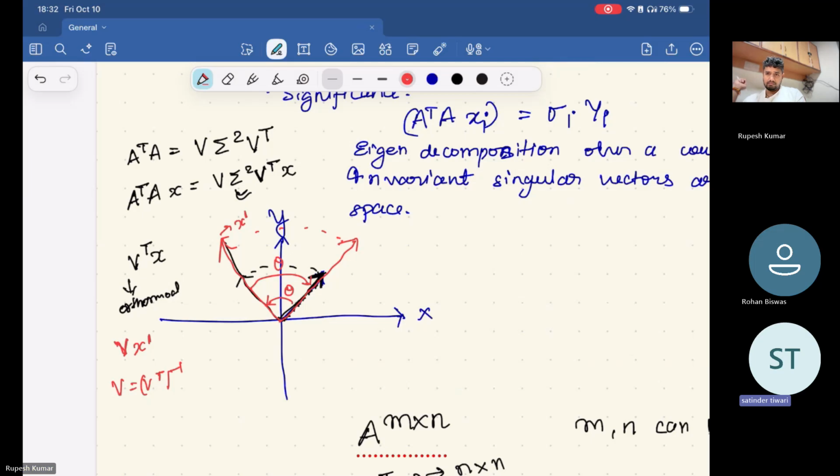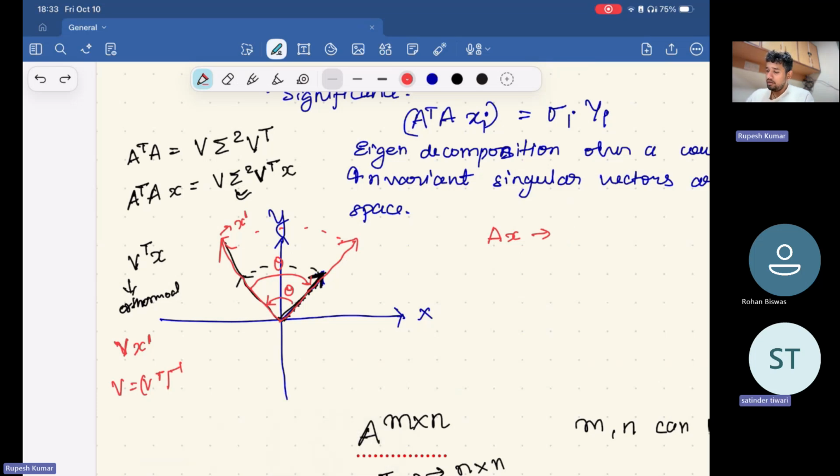When we are applying this option, no, because there was a question I think in the assignment of this type: first it rotates and then it scales, or just scaling, something like that. Basically, it says when you are multiplying a matrix with a vector, can you say what operation is happening?